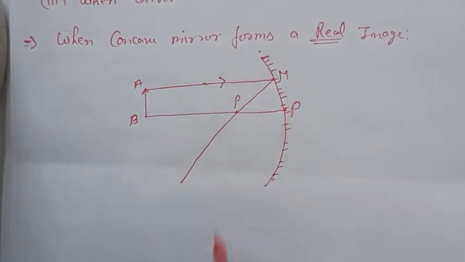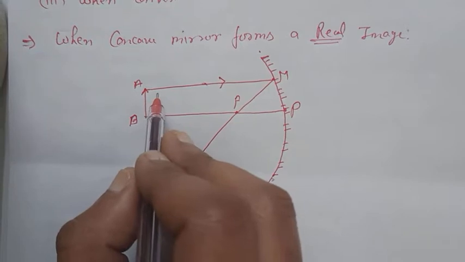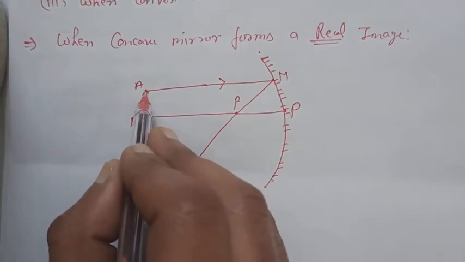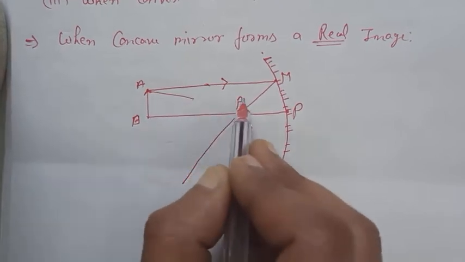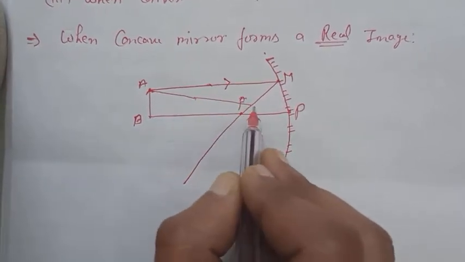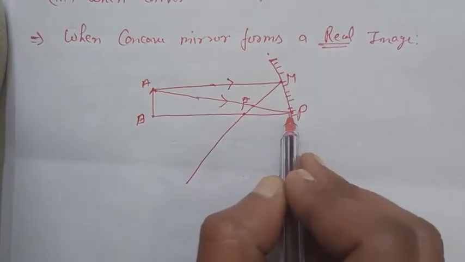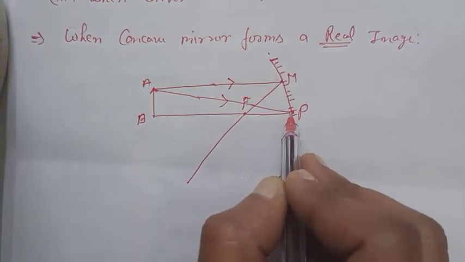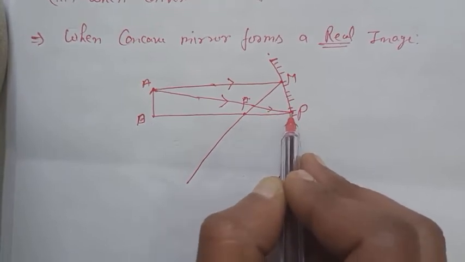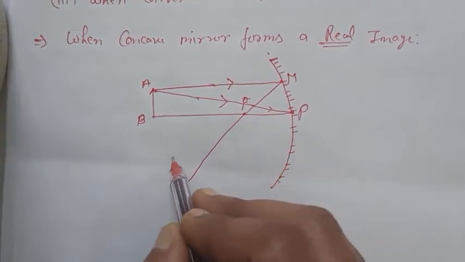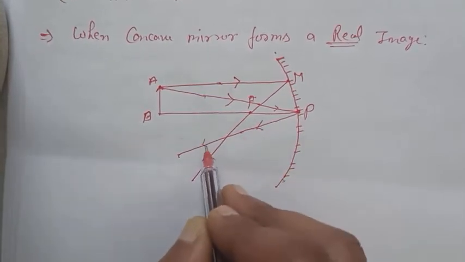This point is considered the focus. Second one, again draw a ray going to the pole of the mirror. When a ray is incident at the pole of the mirror, it deviates at the same angle.